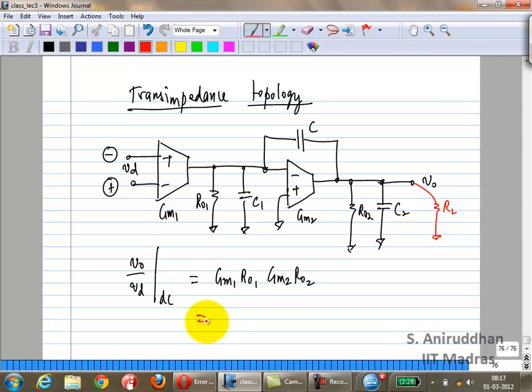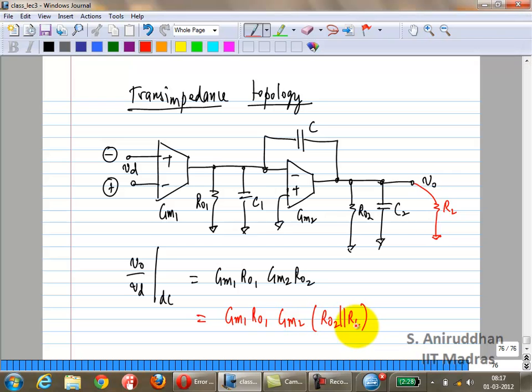Suppose I add a resistor RL at the output. So now you are driving a resistive load. What does it become? If RL is low enough, then you would have GM1 RO1 GM2 RL.